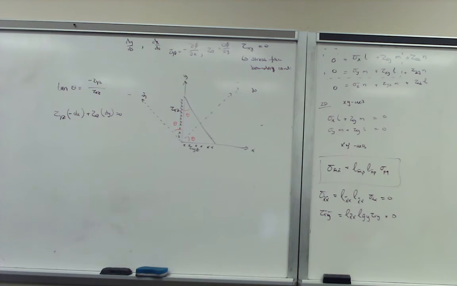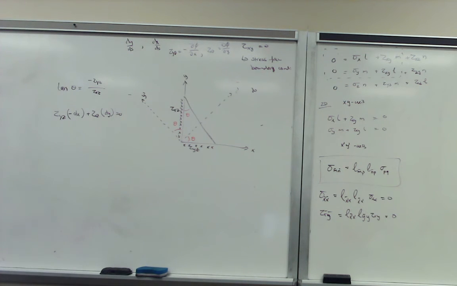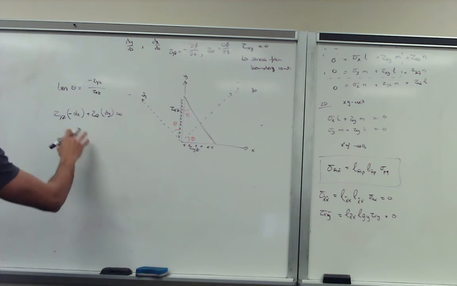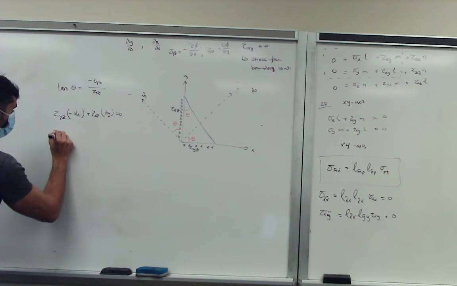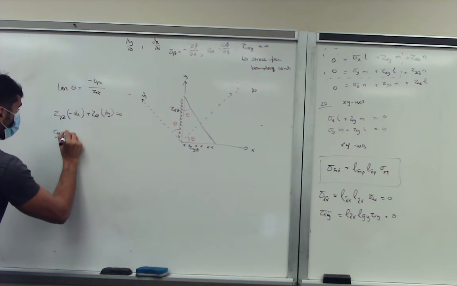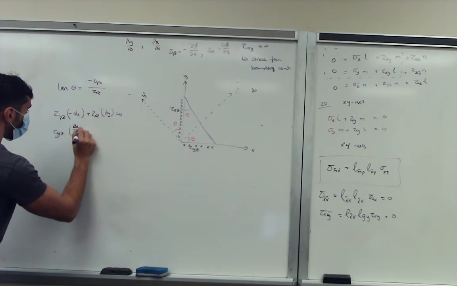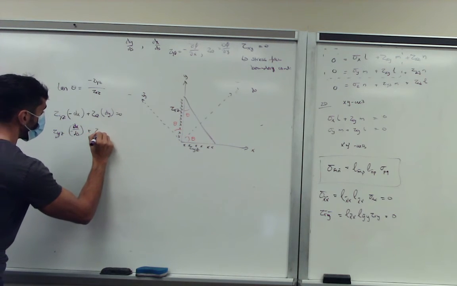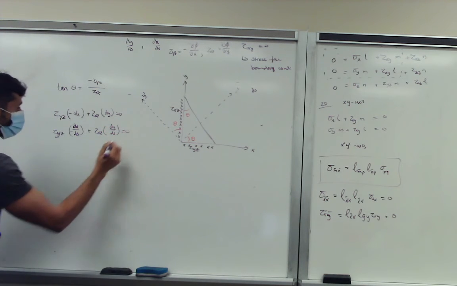So we want to find a way that we can incorporate this into this equation. And to do so, we divide both sides by s. So we get tau yc dx/ds plus tau xc dy/ds is equal to 0.